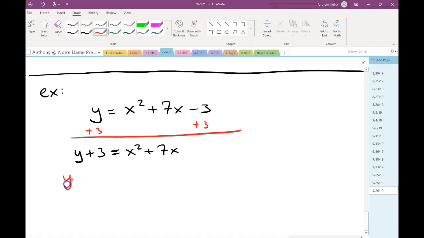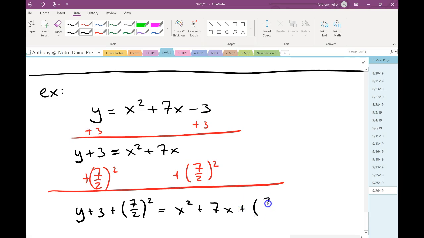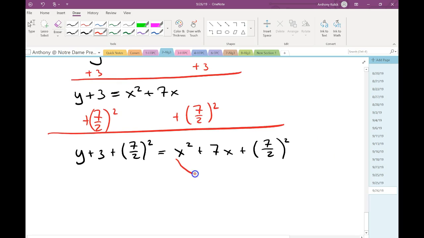In our case, (b over 2) squared is (7 over 2) squared. So now I'm going to factor this.